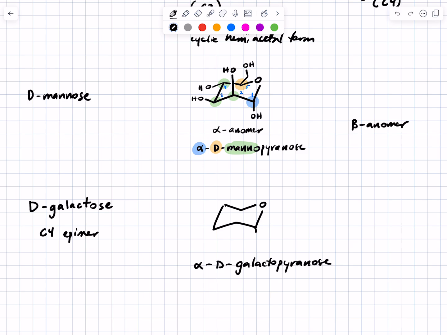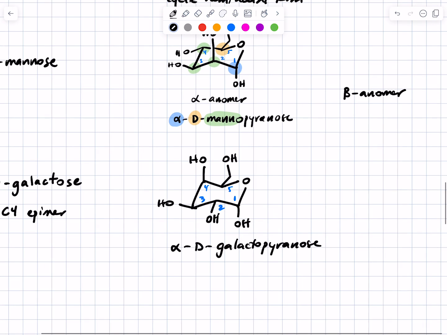Everything needs to be in exactly the same place as glucose except for C4, and at C4, whereas in glucose the stereocenter was a down OH group, at C4 it's up. So you can recognize galactose because C4 will have an up axial OH group.